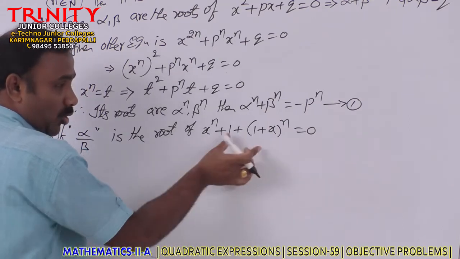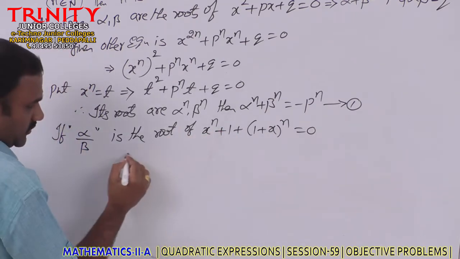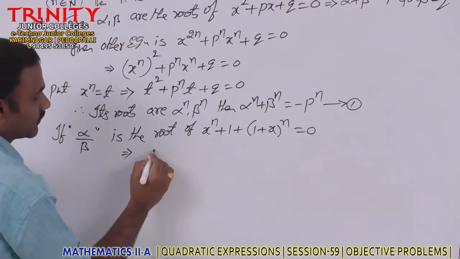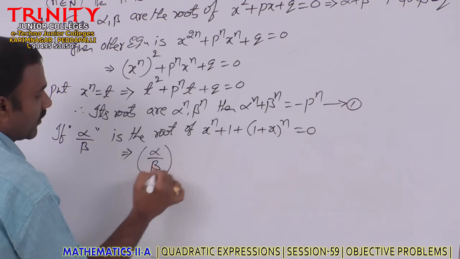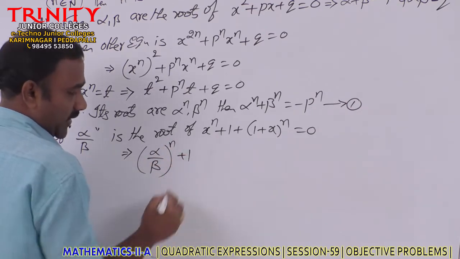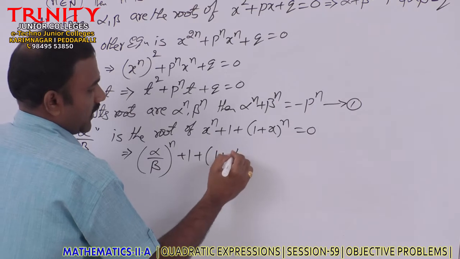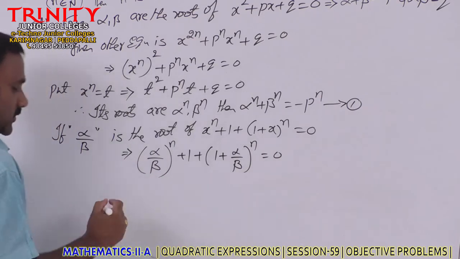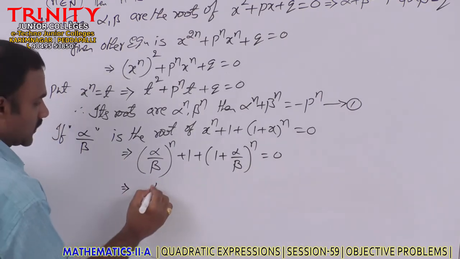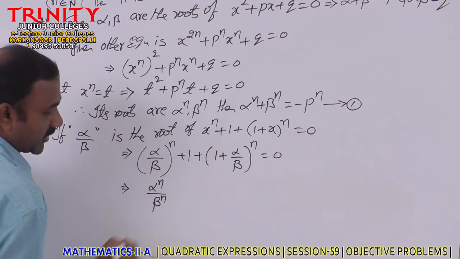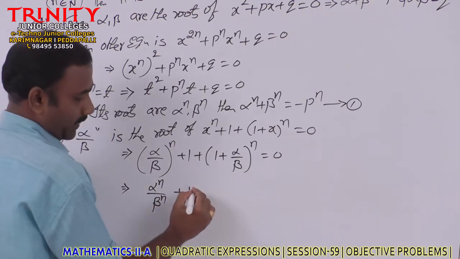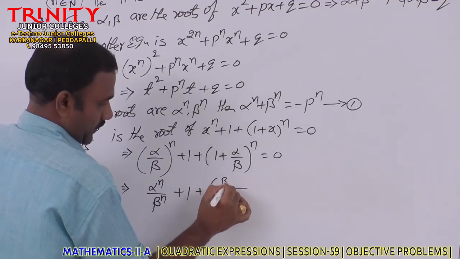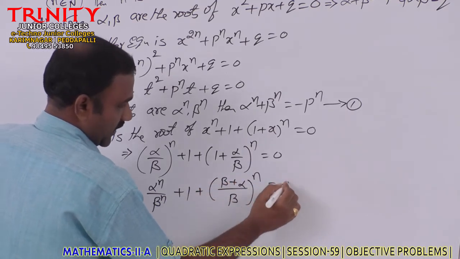So in place of x you replace alpha by beta: (alpha/beta)^n + 1 + (1 + alpha/beta)^n = 0. This is alpha^n / beta^n + 1 + ((beta + alpha)/beta)^n = 0.